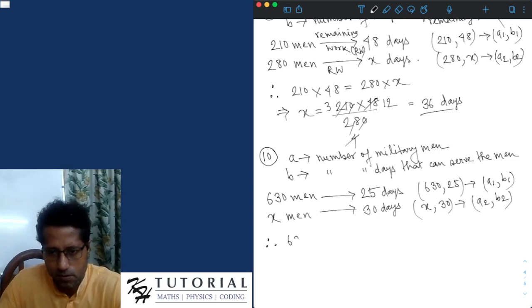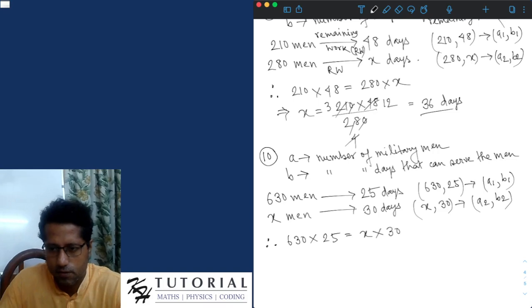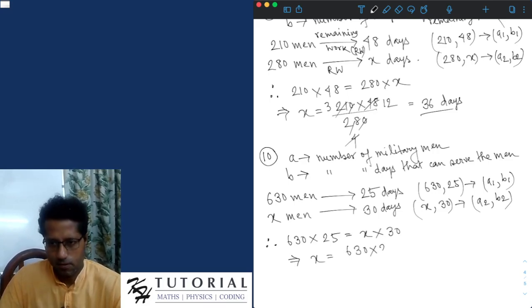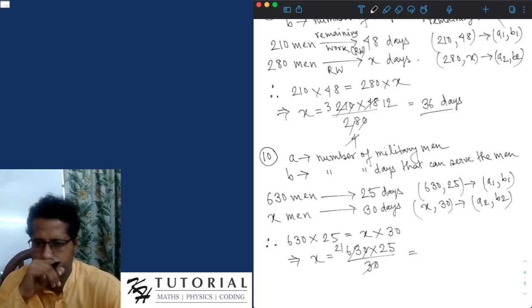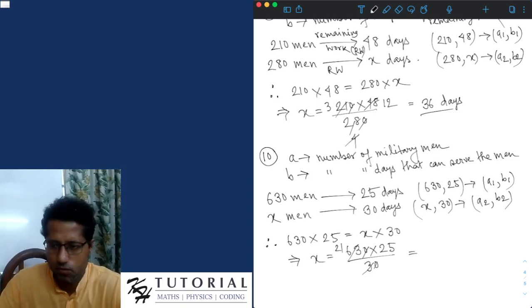So this means 630 multiplied by 25 will be equal to X multiplied by 30. This implies X equals 630 multiplied by 25 divided by 30. This is 21 into 25.